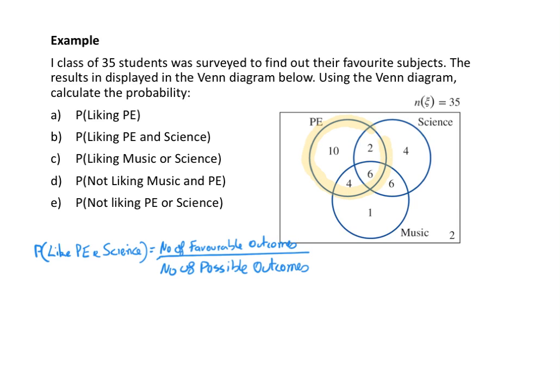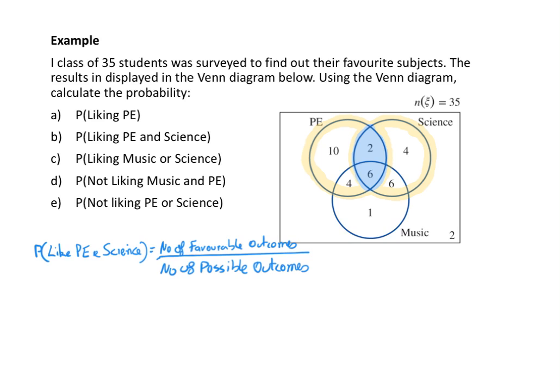So my PE set is contained within that circle. My science set is contained within that circle. So I'm looking for students that like both PE and science, and that's going to be contained within the intersection of those 2 sets. So within this space here is going to be my students that like both PE and science.